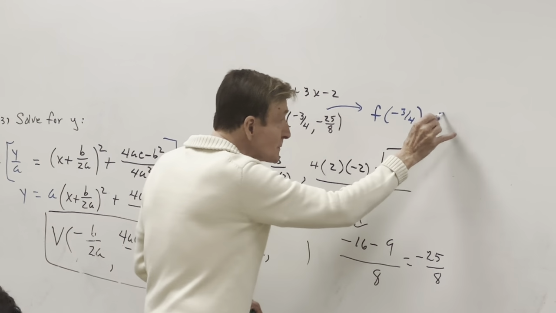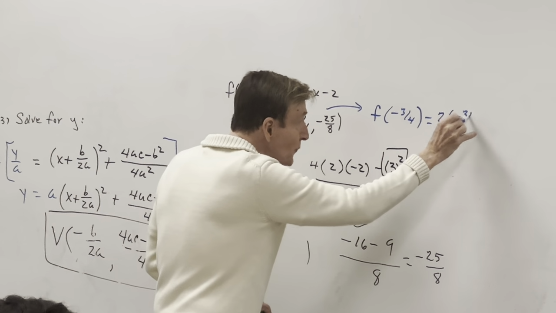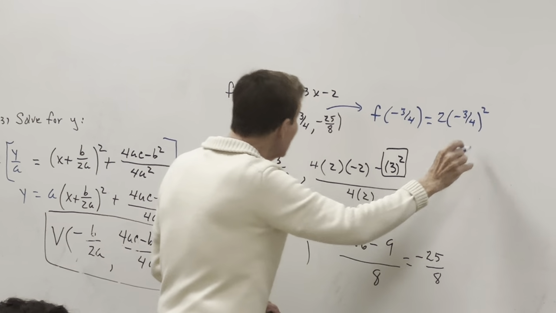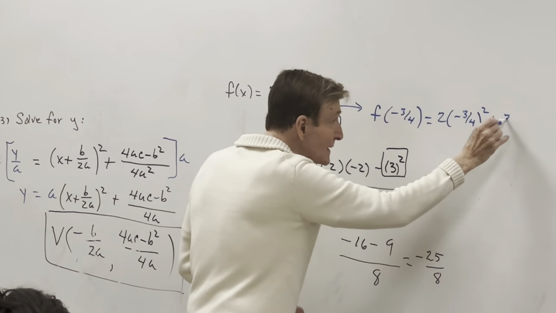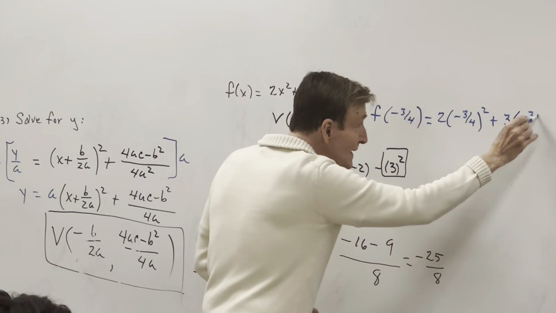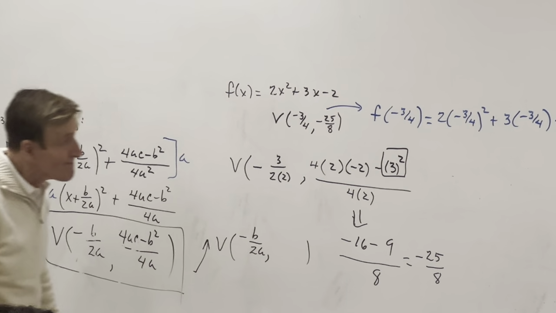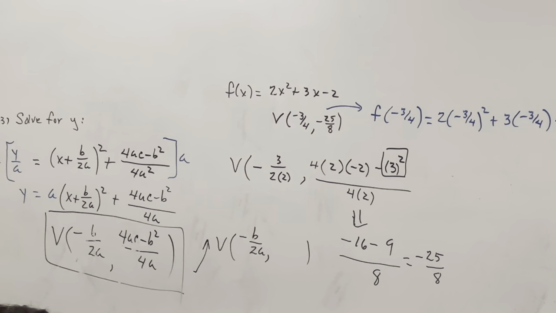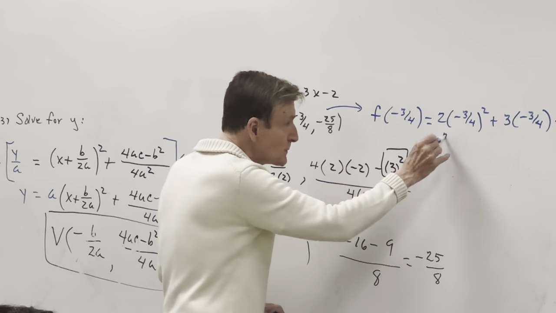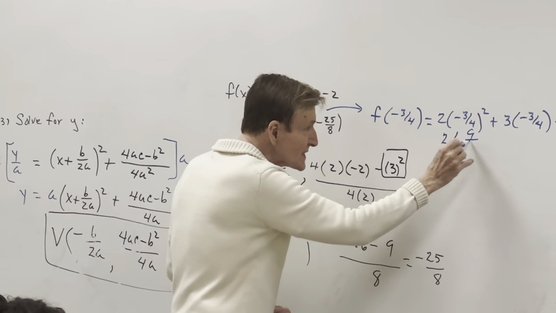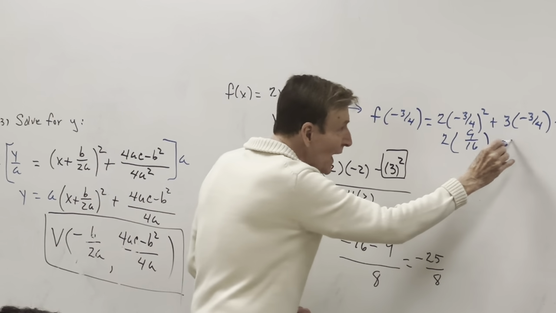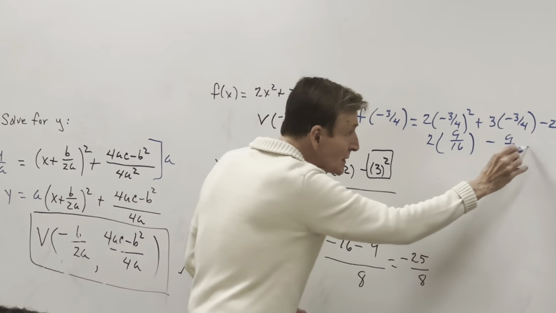So that's 2 times the negative 3/4 squared plus 3 times the negative 3/4 subtract 2. Now we're hoping for a negative 25 over 8 to come out. Got to be careful. This is 2 times, when I square this, 9 over 16. Minus 9 over 4. Minus 2.